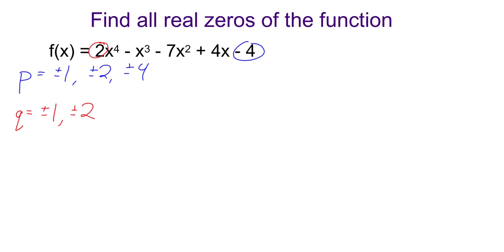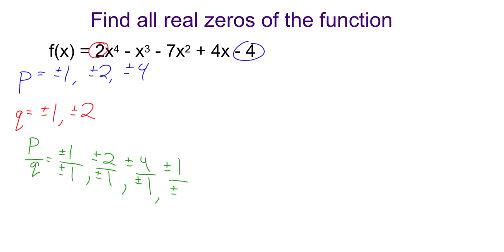To find the possibilities, I do P divided by Q: plus or minus 1 over plus or minus 1, plus or minus 2 over plus or minus 1, plus or minus 4 over plus or minus 1, plus or minus 1 over 2.